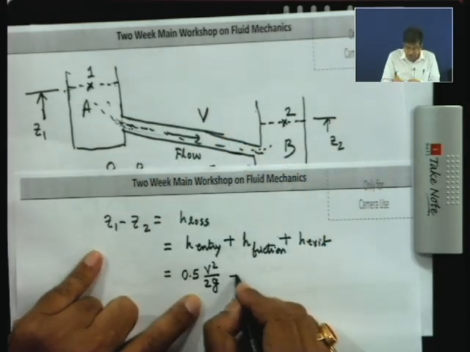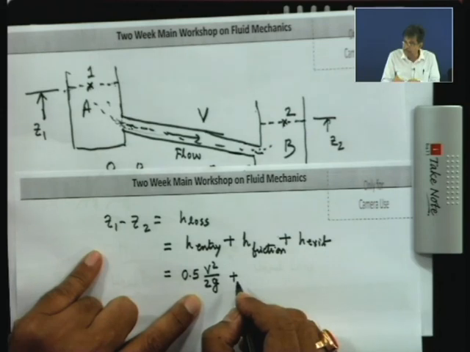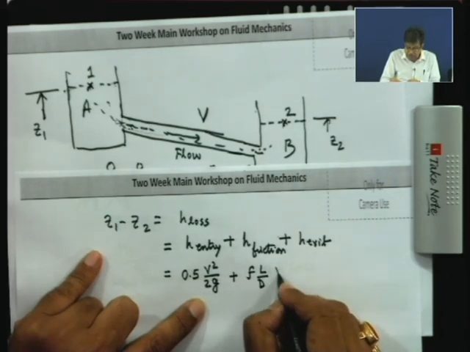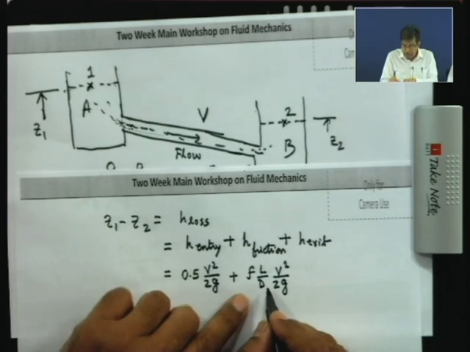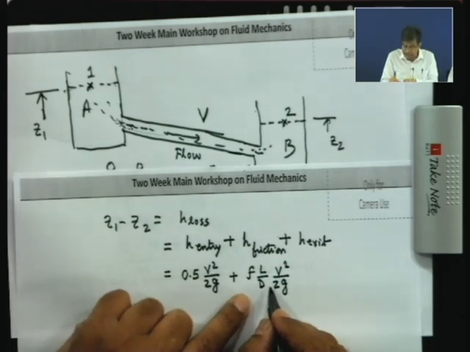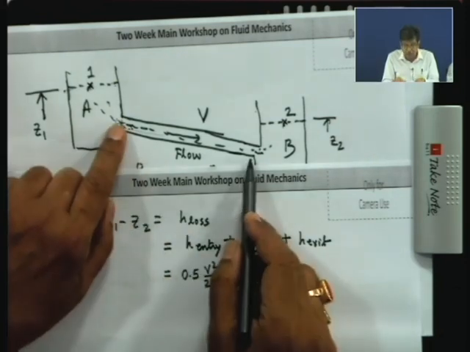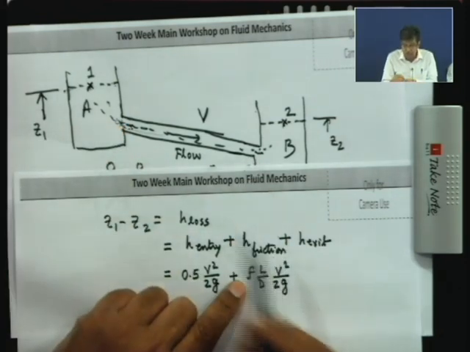Then the friction loss we have already seen: FL by D V square by 2G. This is the loss of head, energy per unit weight, by friction, that means delta P by rho G. Delta P is the loss of pressure due to skin friction.